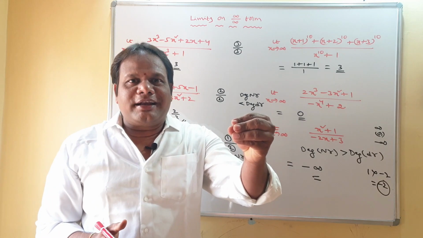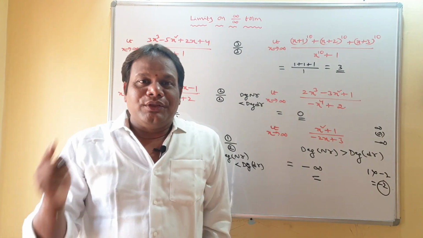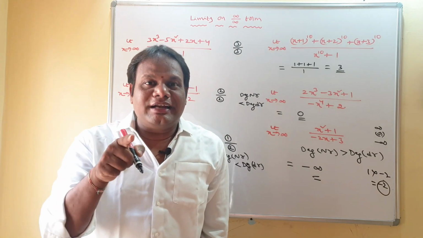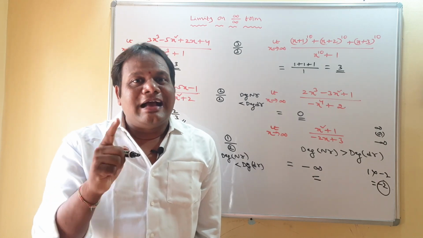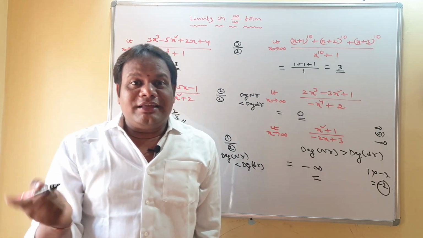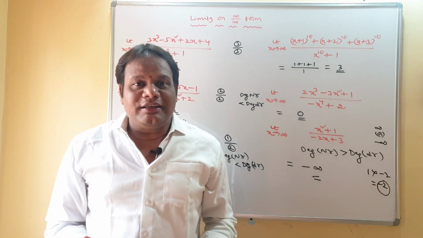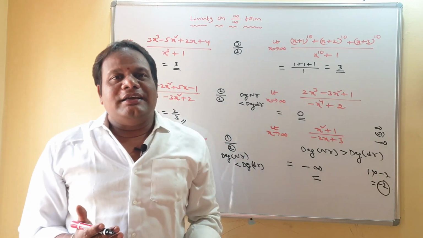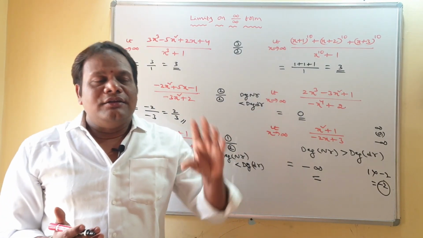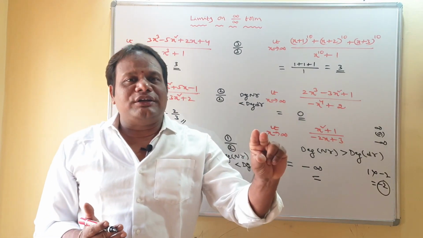If the degree of the numerator is less than the degree of the denominator, the answer is 0. If the degree of the numerator is more than the degree of the denominator, you must be very careful, because the answer may be either plus infinity or minus infinity. So how to decide? Take the highest term coefficient in the numerator and the highest term coefficient in the denominator. If their product is negative, it is minus infinity. If their product is positive, it is plus infinity.